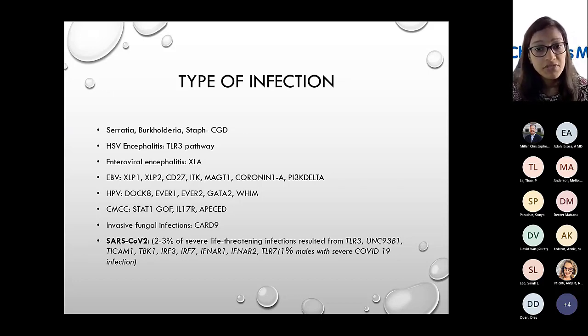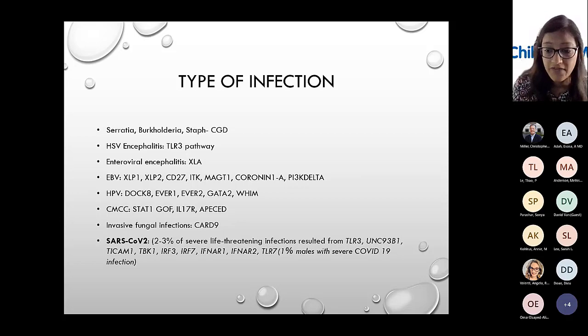So we know 2 to 3% of severe life-threatening infections resulted from immune defects that are known to cause infections such as viral infections, such as HSV or influenza. So there's a long list. One of the newer immunodeficiencies that was discovered during the era of SARS-CoV-2 was a TLR7 defect. That was noted in about 1% of males with severe or fatal COVID-19 infection.